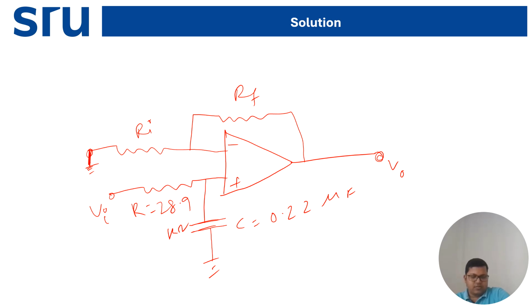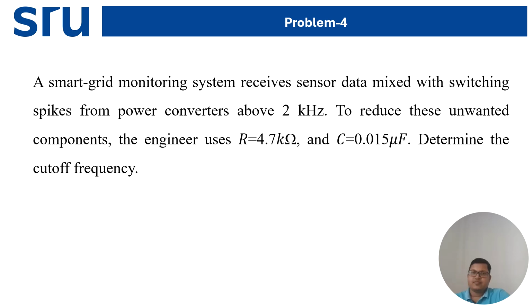Now we will see some other problem. In this problem, the problem statement is saying that a smart grid monitoring system receives sensor data mixed with switching spikes from power converters above 2 kHz.